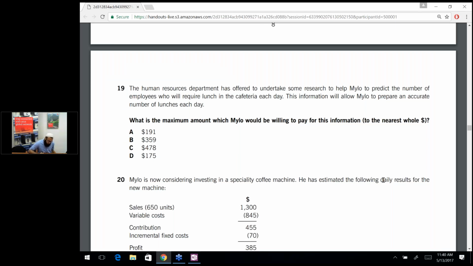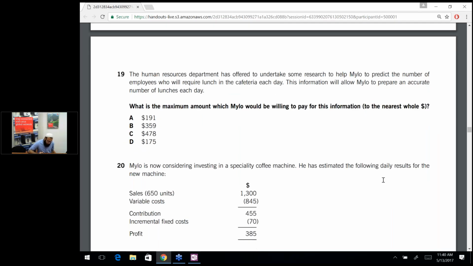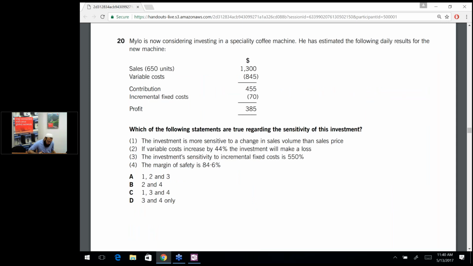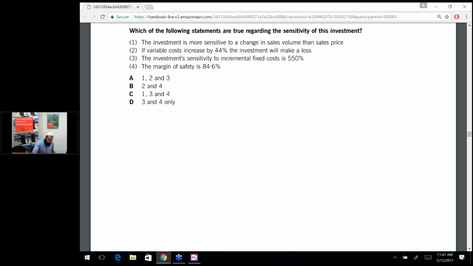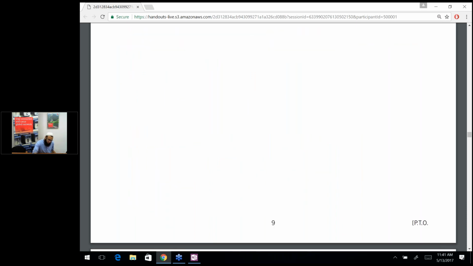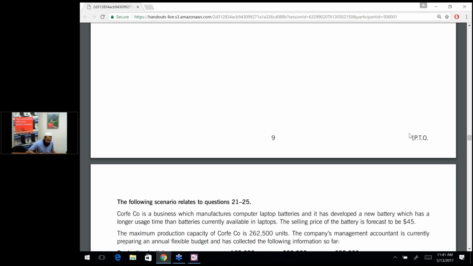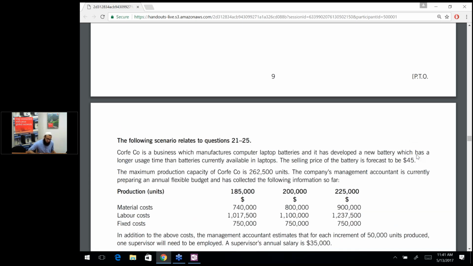That's why my entire focus right now is on these MCQs. So I need to choose between one, and let's solve a question relating to flexible budget. This is a good question.